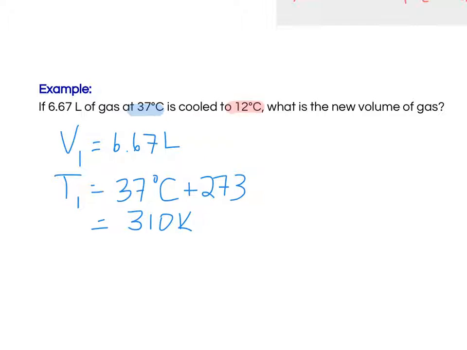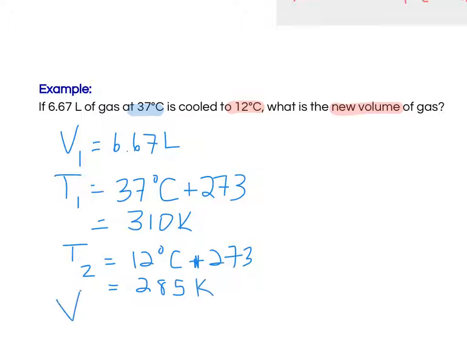I'm cooling it to 12 degrees Celsius, and I want to know the new volume of the gas. So my T2 is going to be 12 degrees Celsius plus 273, so 285 Kelvin, and I want to know V2.